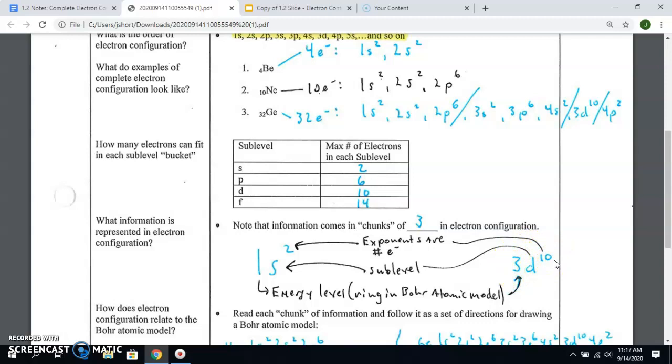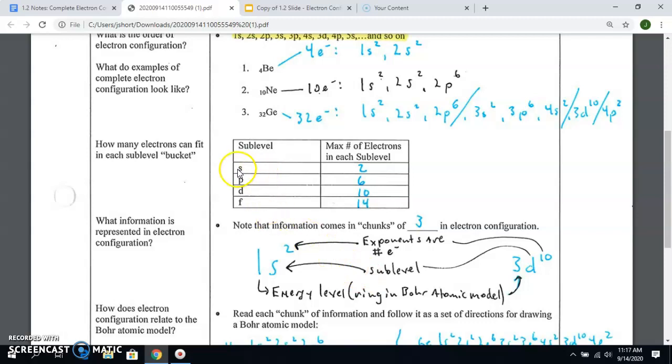The number that's out front, the 1 or the 3, is called the energy level. And this is like a ring in a Bohr atomic model. We'll take a look at that in just a minute, and I'm sure that you were introduced to Bohr atomic models in 9th grade. The S, or in this case the D, is called a sublevel.